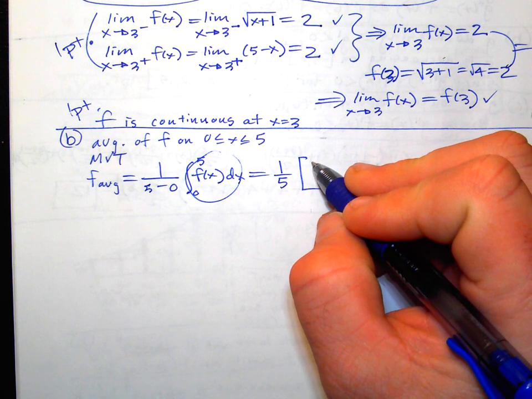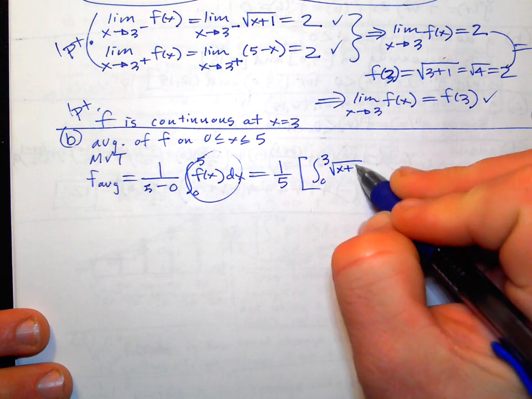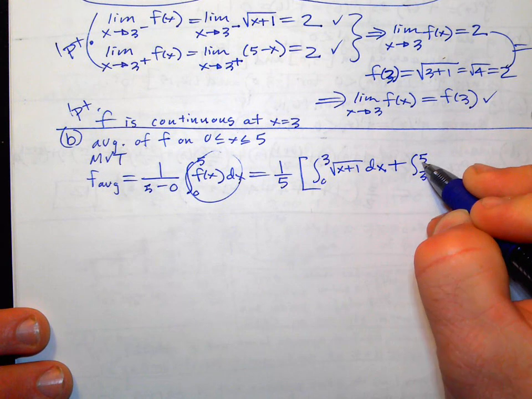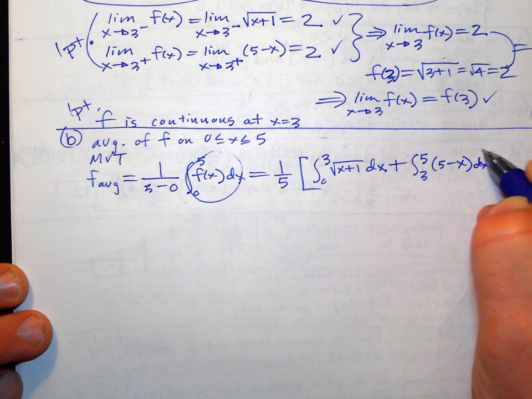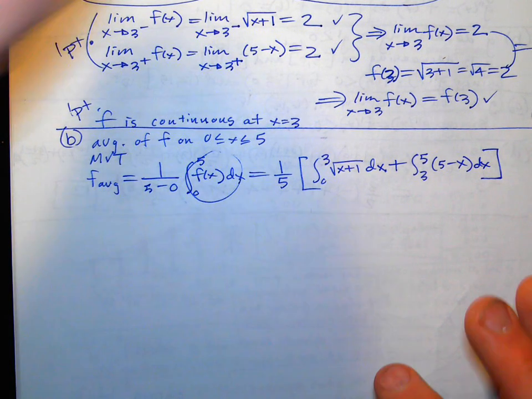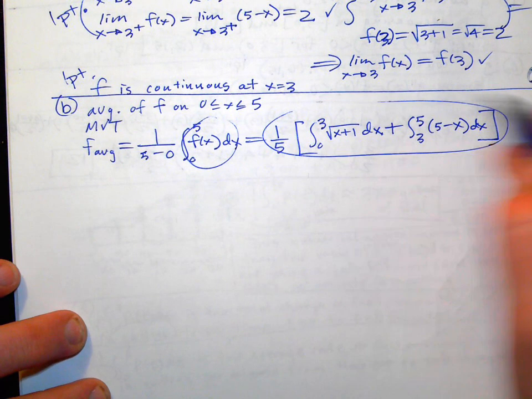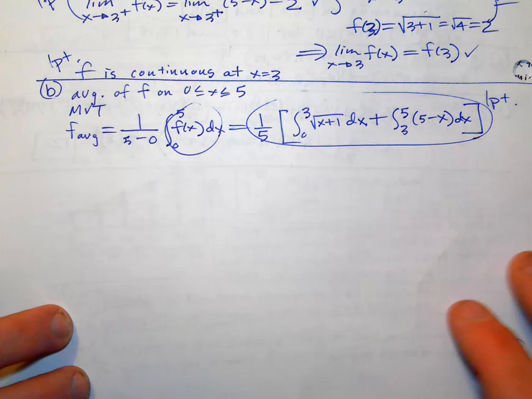So we need to integrate from 0 to 3 of the square root of x plus 1 dx, and then from 3 to 5 of the integral of 5 minus x dx. This is all important work to show. This is your setup, okay? In fact, this right here is worth 1 point. Show it.